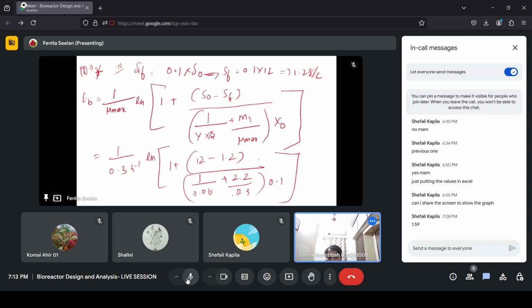Anybody solving? I will also solve. 12 minus 1.2 is 10.8, divided by 1 by 0.06.